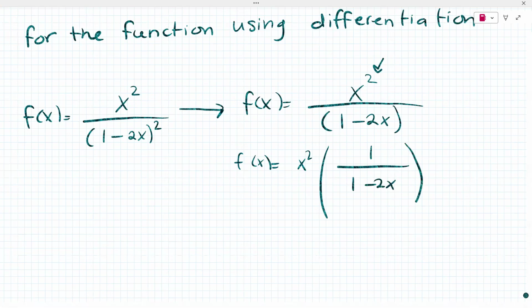And x squared is your a, 2x is your r. So we get the summation of n equals 0 to infinity equals x squared times 2x raised to the n.